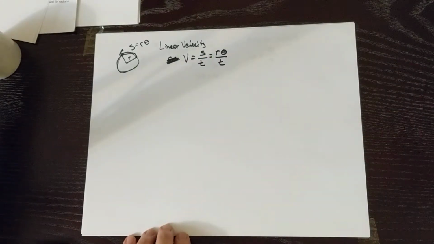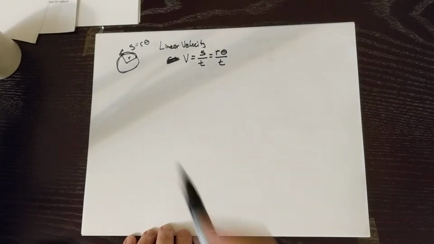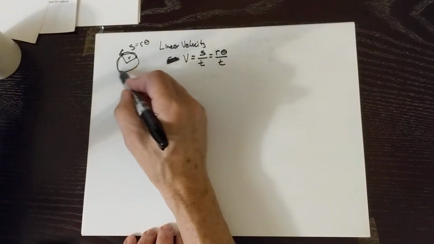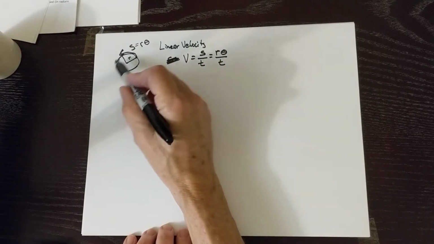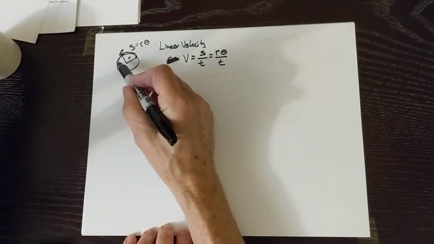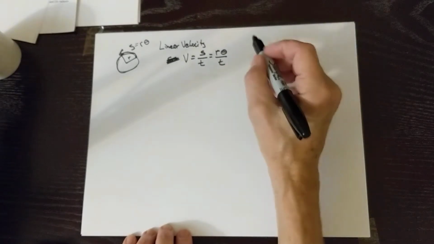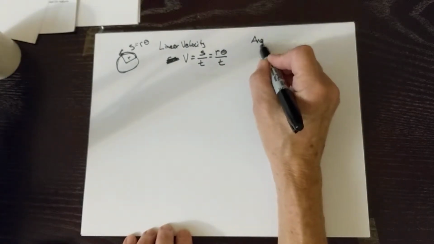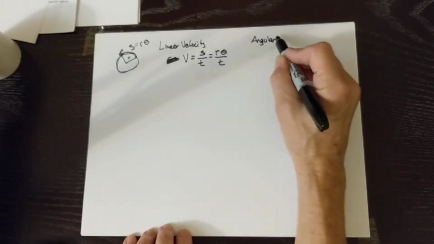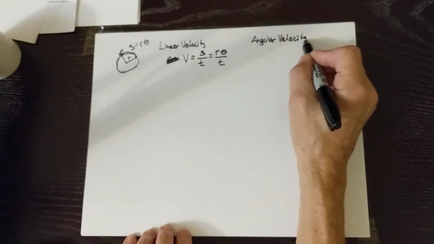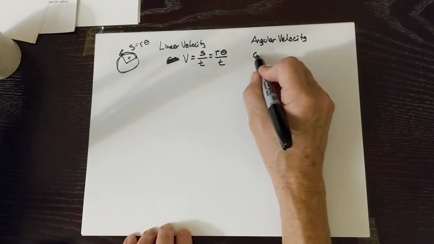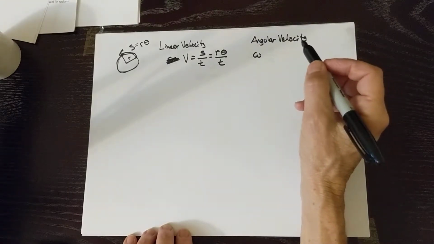Now, if you're interested in knowing how many degrees or how many radians it's passing through per unit of time, that is what we call angular velocity. Angular velocity is symbolized by this weird looking w, which is called omega.